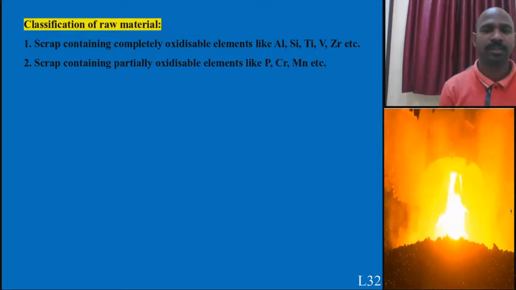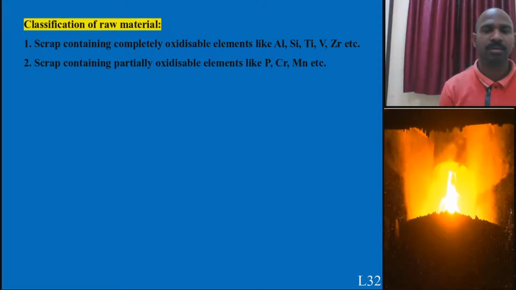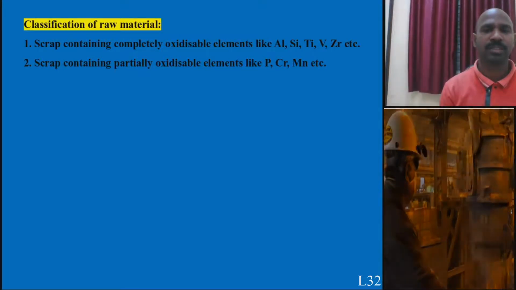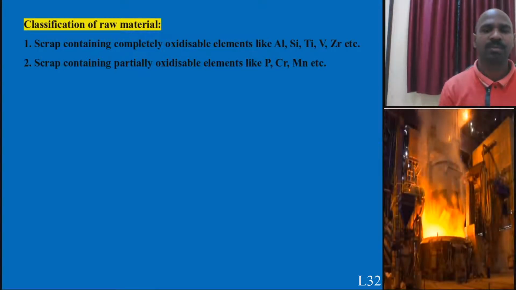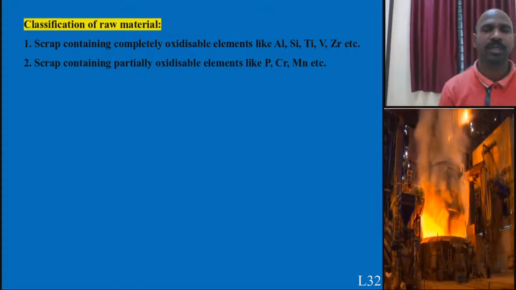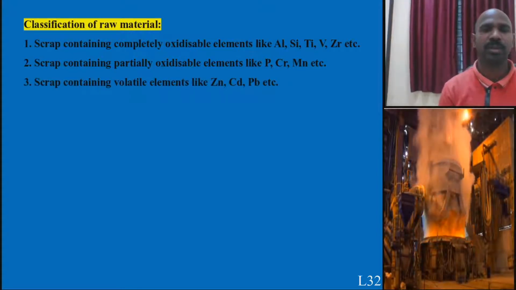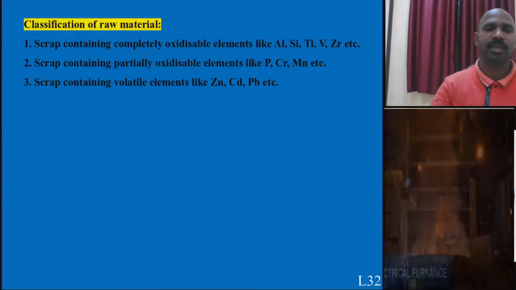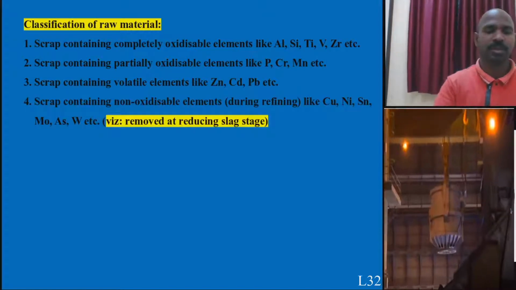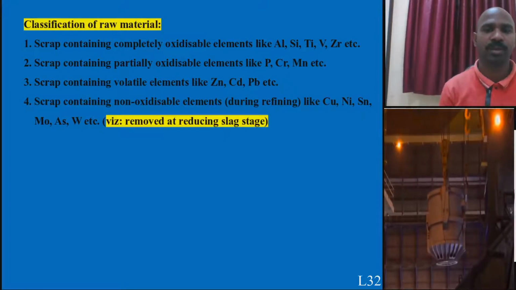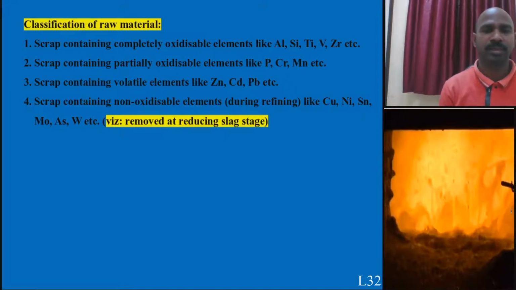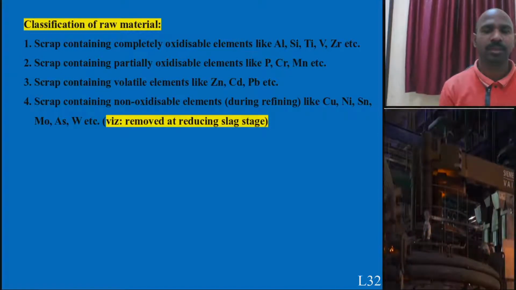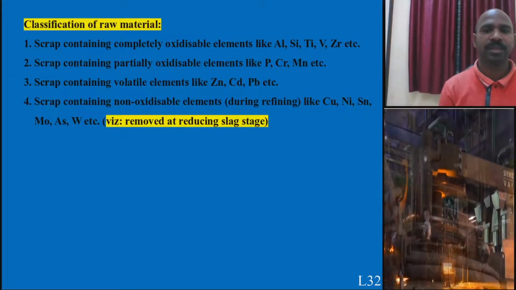The other is partially oxidizing elements such as phosphorus, chromium, manganese, etc. Those slags will be removed and the molten steel taken out. Then there are scrap based volatile elements such as zinc, cadmium and lead, and scrap based non-oxidizing elements such as copper, nickel, molybdenum, arsenic and tungsten, where the reducing slag stage takes place.